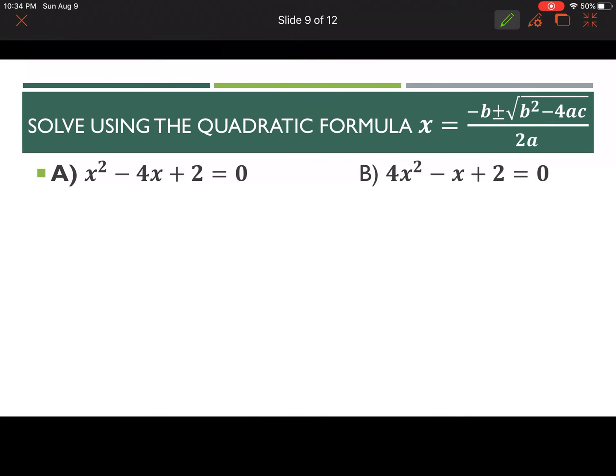So now let's look at the second question. In our second question, a is 4, b is negative 1, c is positive 2.